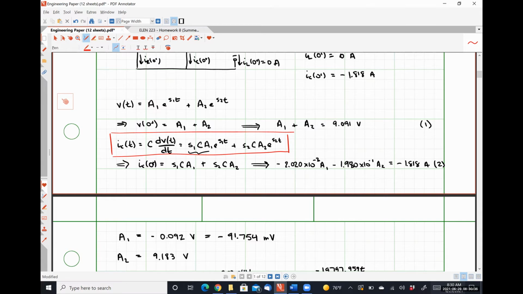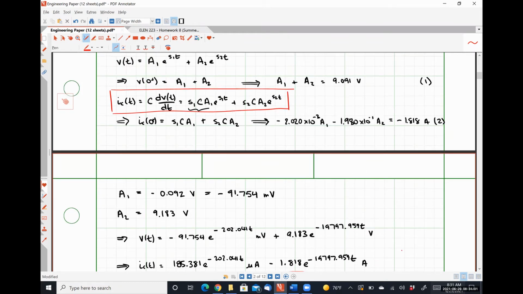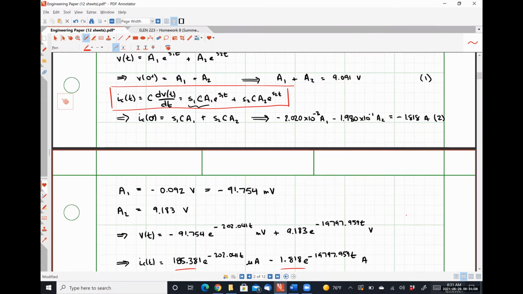Same thing for the coefficient for the e to the S2t bit. I can see that that is multiplied by a factor of S2 times C times A2. So I just multiplied those three numbers together, and that is exactly where this and this came from, respectively. And it should match our initial conditions on the system, right? So I know that my current should be negative 1.818 at t equals 0.